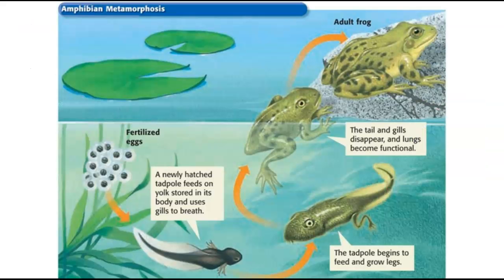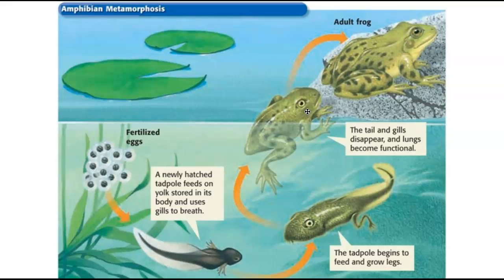Here you see the amphibian metamorphosis process. We have fertilized eggs to start. Then there are the newly hatched tadpoles that feed on a yolk stored in their body. They use gills to breathe. And then this is sort of the funky in-between that we don't see a lot of. This is the tadpole as it's beginning to change. It's undergoing metamorphosis, not in a cocoon like we might see with an insect, but now out in the open, gaining legs, developing lungs.